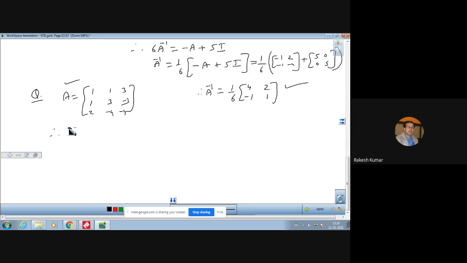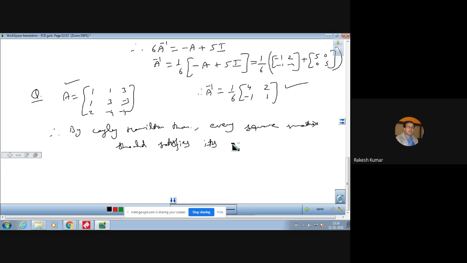So you know that by the Cayley-Hamilton theorem, every square matrix should satisfy its characteristic equation.